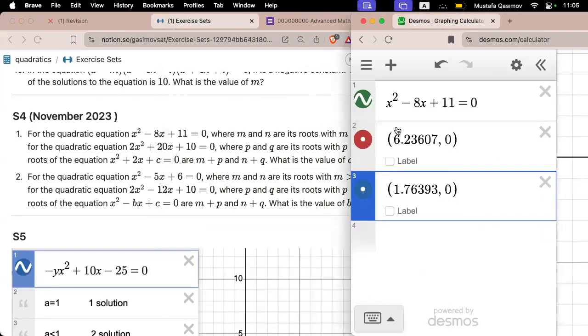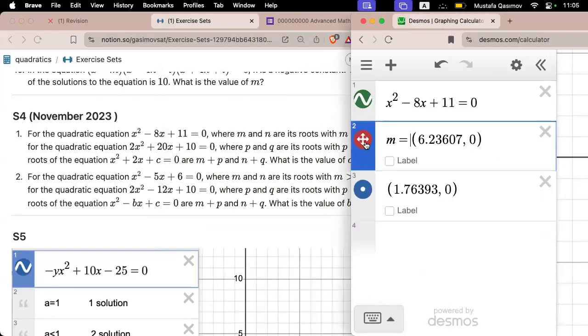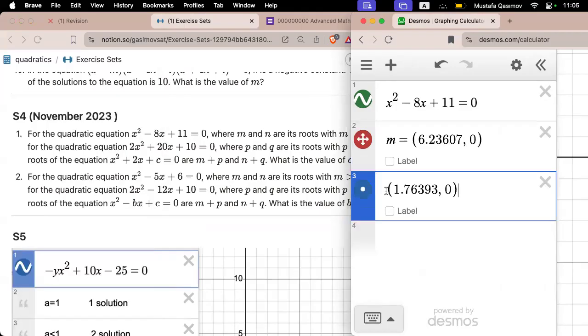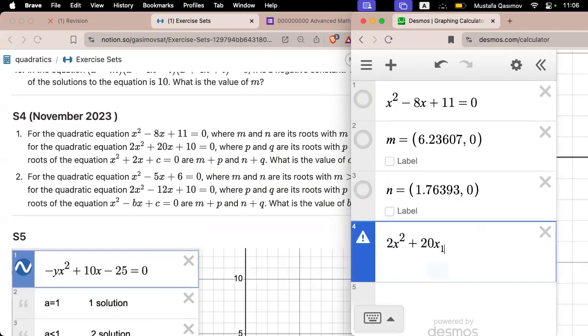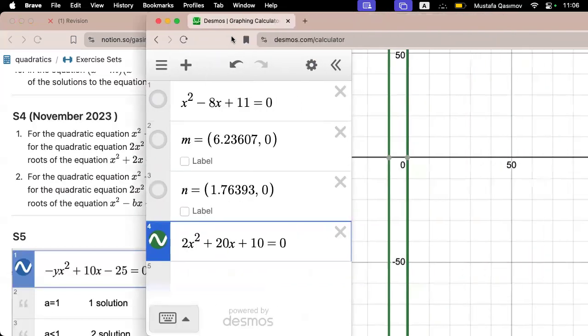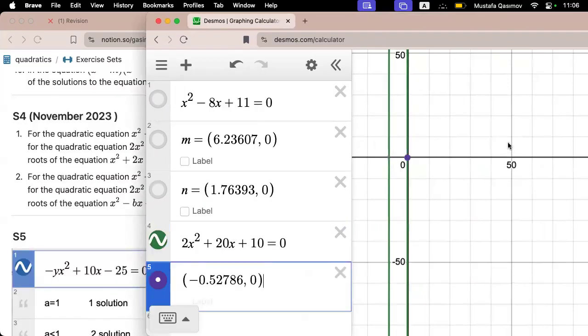The bigger one is m, and that one is equal to n. Then let's remove their graph. Then let's write 2x squared plus 20x plus 10 is equal to 0. Then we will get 2 values also from here.